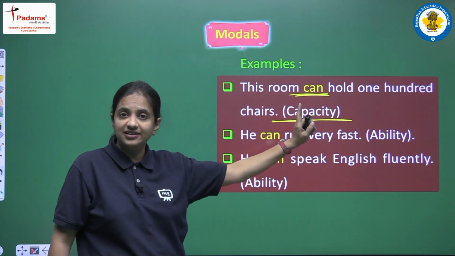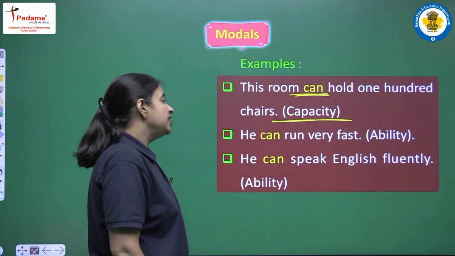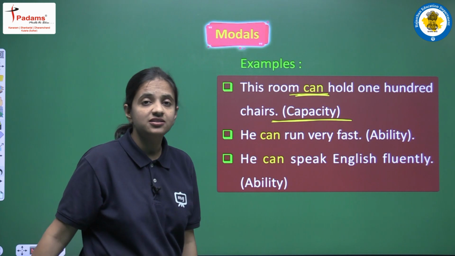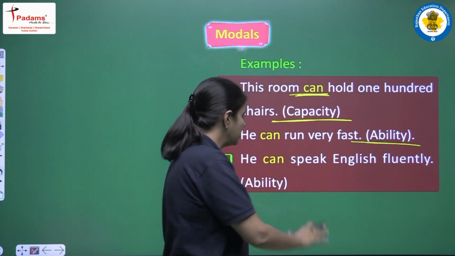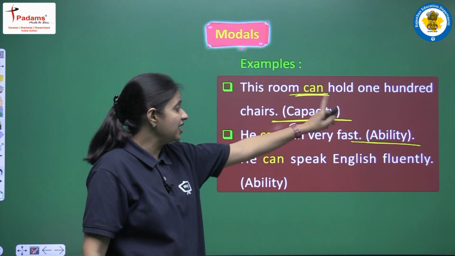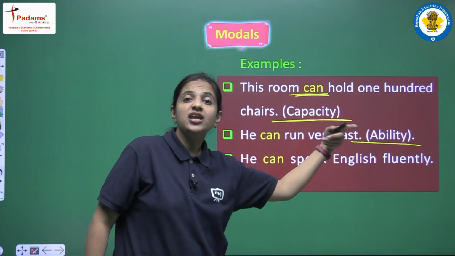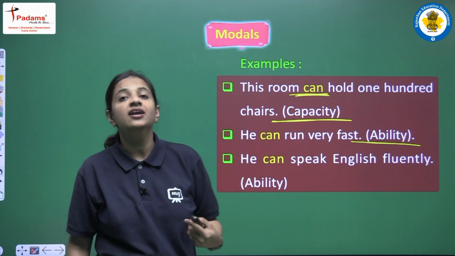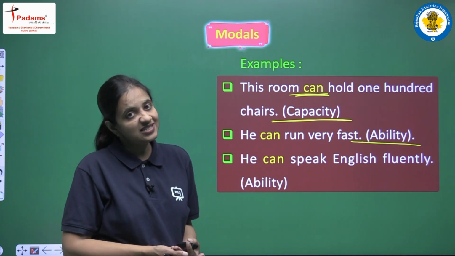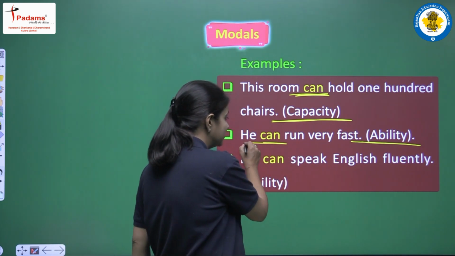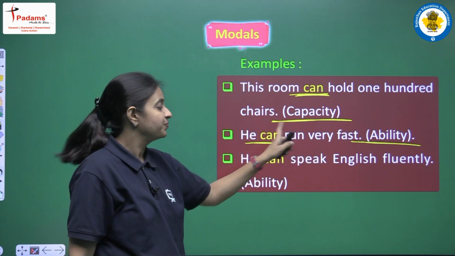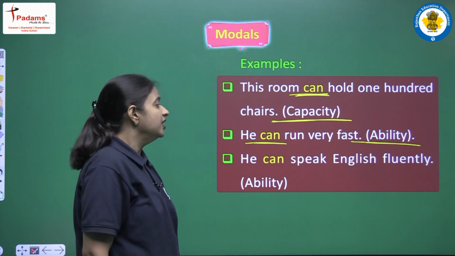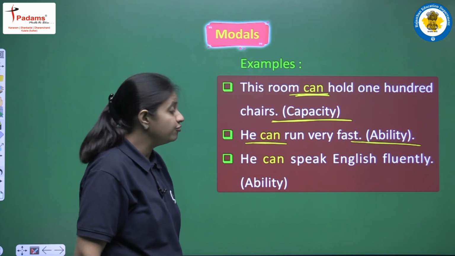Second sentence is, he can run very fast, and yes, this is the ability of that person that we are talking about here, that he is having the ability to run very fast. So here we are showing the ability of someone, and this is the reason that we are using can here. One more example we are having, he can speak English fluently.